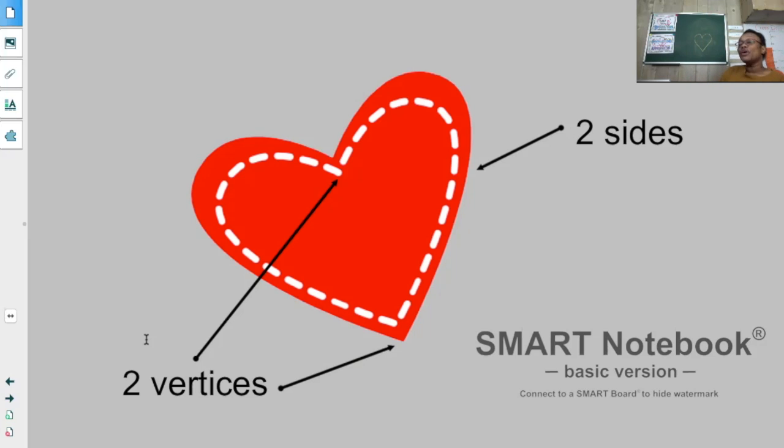And so our heart has two sides, right? If you erase one, that's side one. And if I erase the other and redraw the second side, there's side two. So our heart has two sides and it meets in two different points. So two sides and two corners or two vertices, points where the two sides meet.